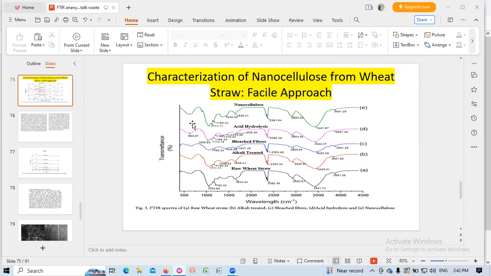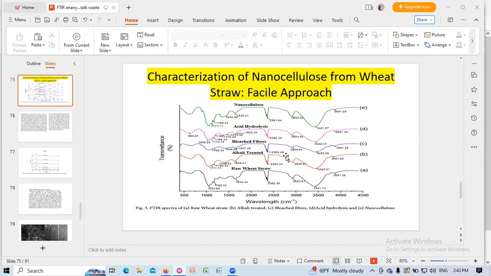In the FTIR spectra, we're seeing the peaks in the range of 3421, the stretching vibration of the hydroxyl group, and similar small peaks nearby.